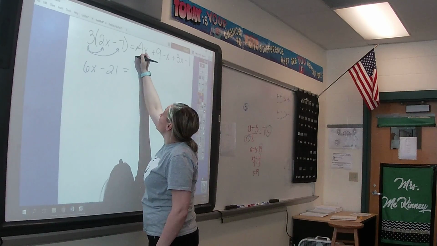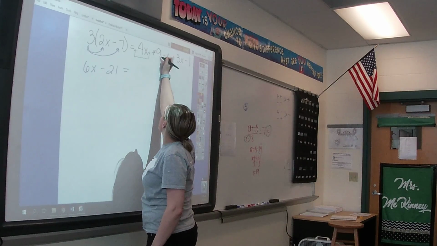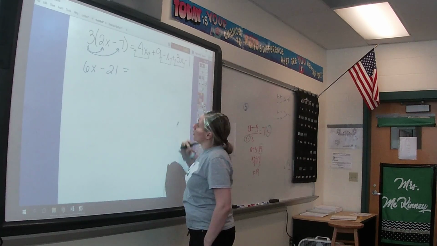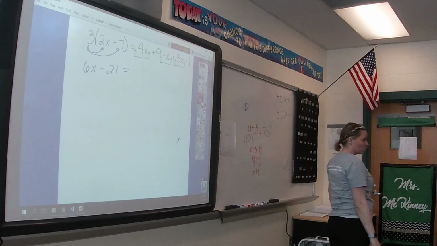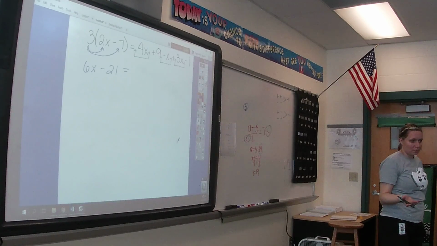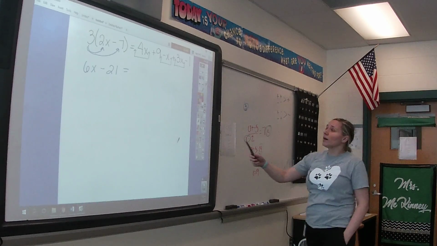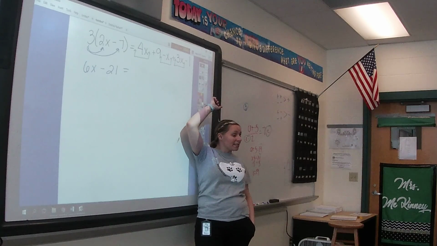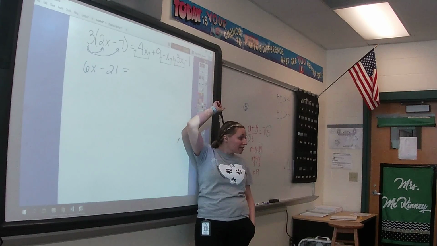We have some like terms to combine over here for our step 2. So here's one, here's another, here's another. We just have 3 of them. That's okay. Are these variables on the same side of the equal sign or opposites? So same side, we're going to use the same sign.